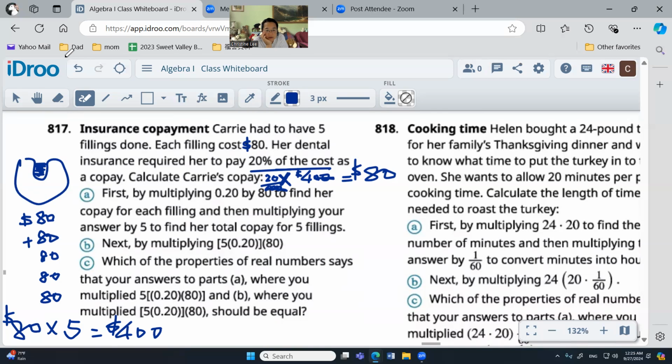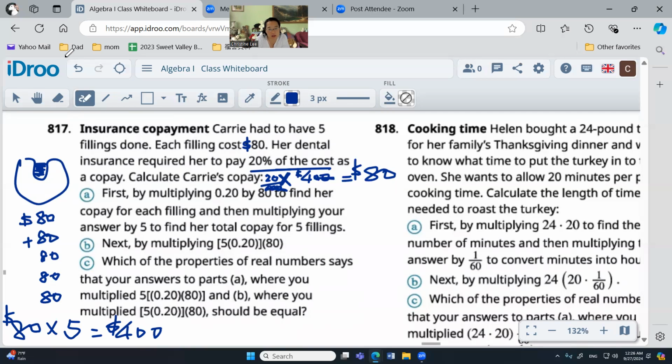Multiply this, find her copay, and then multiply her answer by 5. Next, by multiplying 5 times that, which a property of real numbers says that your answers to part A should be equal. I do it differently from them.